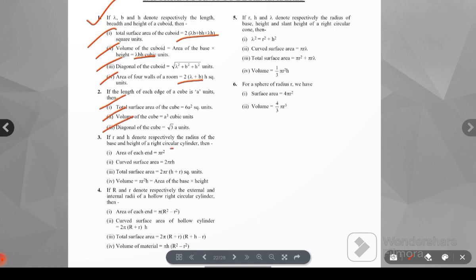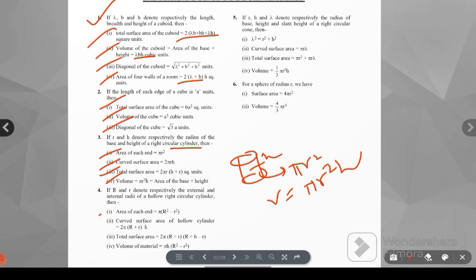And for the cylinder, with height h, area of each end is pi r square, curved surface area 2 pi r h, total 2 pi r (h plus r), volume pi r square h. Okay, here in case of cylinder, this is pi r square base area and height is h, so volume is equal to pi r square h.